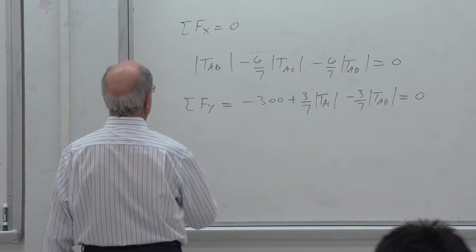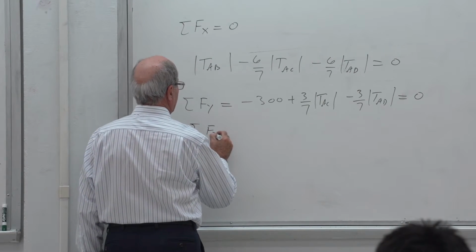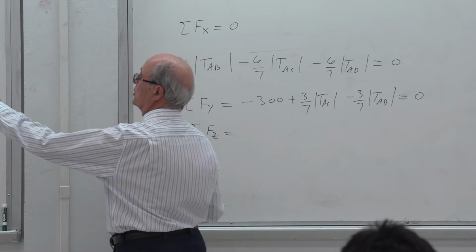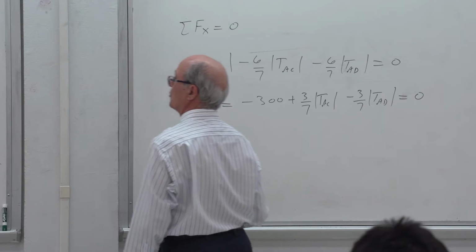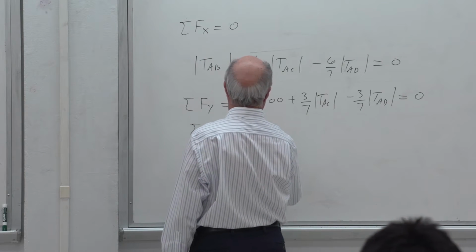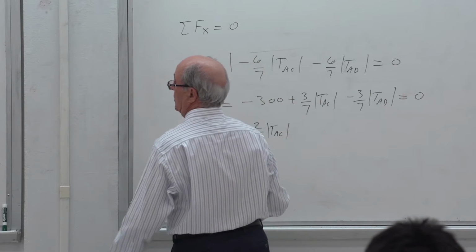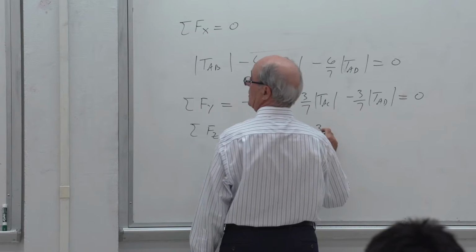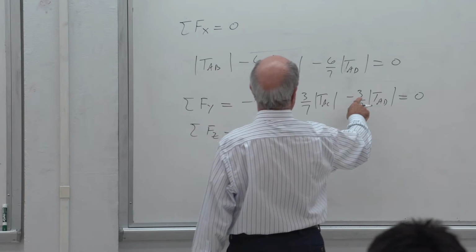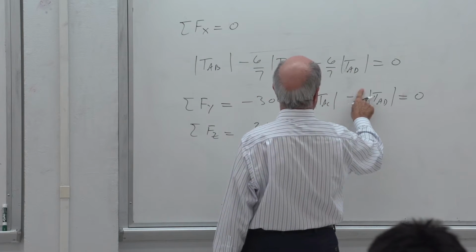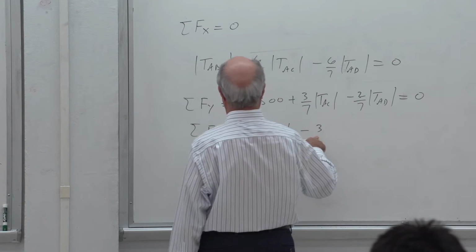And then finally sigma Fz, which from the first one is 0, from the second one is 0, from the last one is 2/7 of TAC minus, oh, this is a mistake, isn't it? That should be 2, and this should be 3.